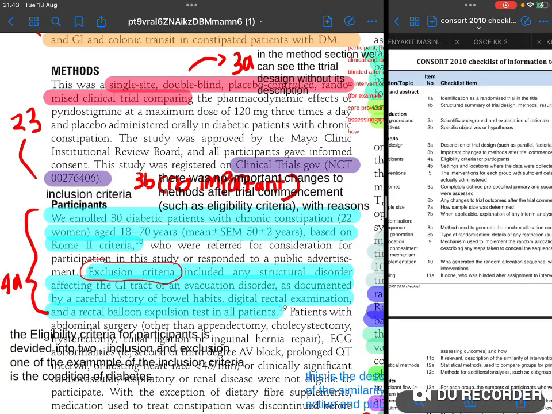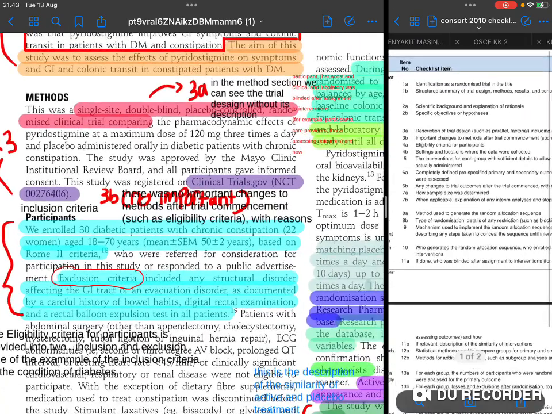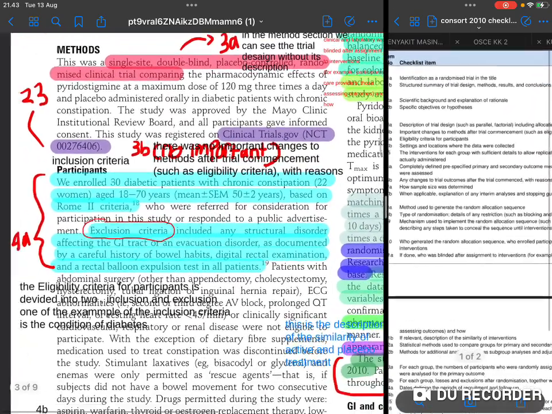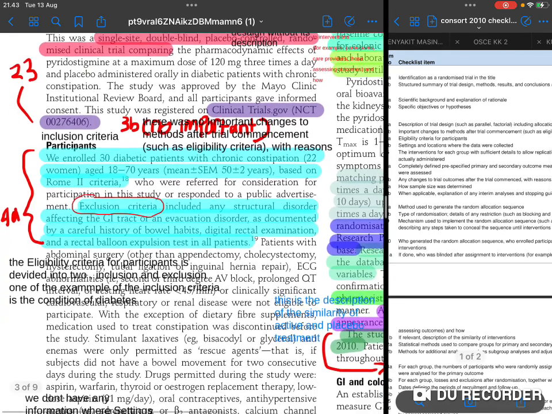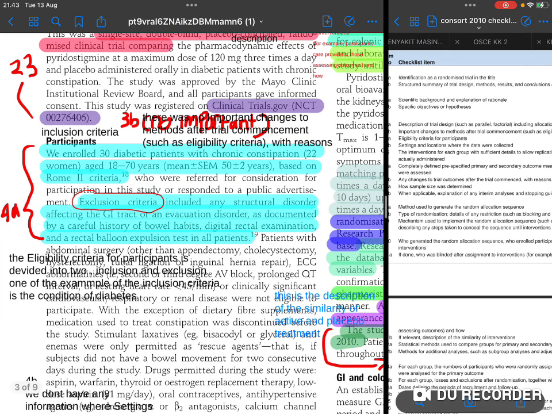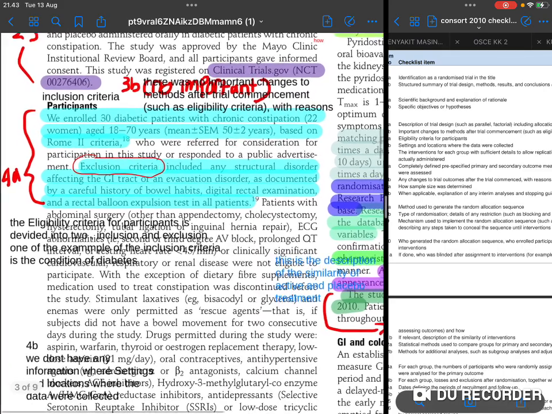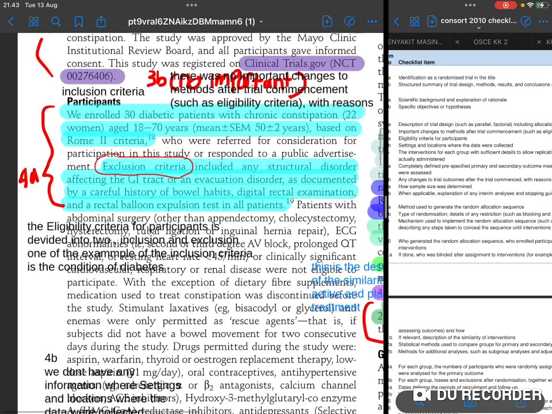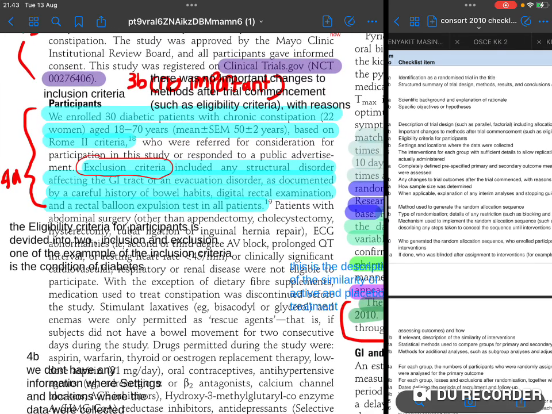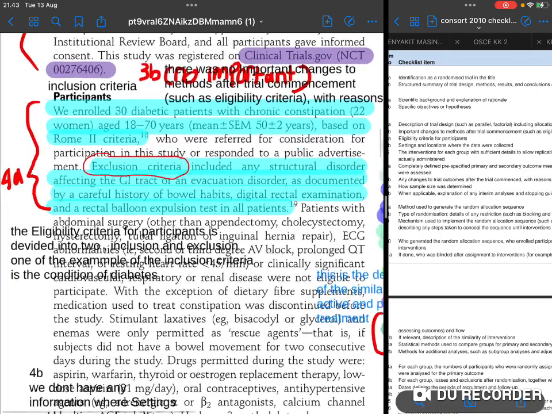And then we move to the participants. In the participants, we can find out the eligibility criteria. By that, we can see the inclusion criteria or the exclusion criteria of the participant is clearly written over here.